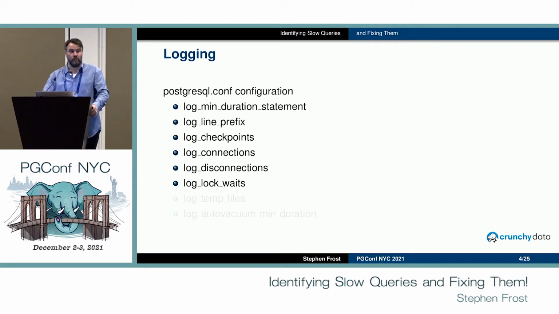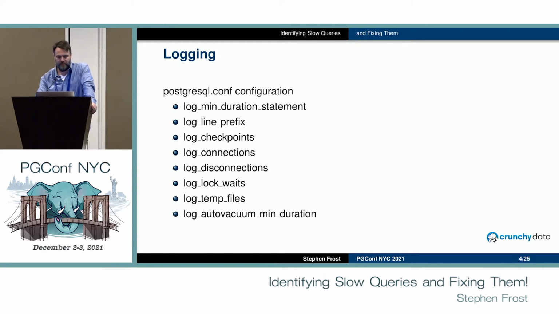Lock waits, this is a really important one. If you haven't dealt with locking, then you're lucky, because in my experience that's a common reason why queries end up being slow: locking and blocking with other queries and other activity on the system. Temp files can sometimes be an indication of poorly performing queries, so we'll look at that. And we'll talk a little bit about autovacuum.